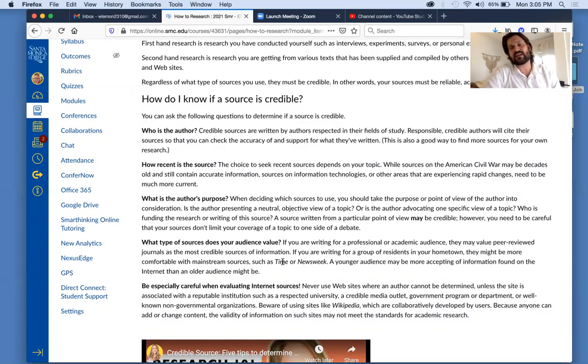So that's something to think about. And yes, of course, if you find an essay in The Atlantic, that's going to be credible, but in terms of the academic value, it might not have as much as a scholarly article dealing with the same topic.